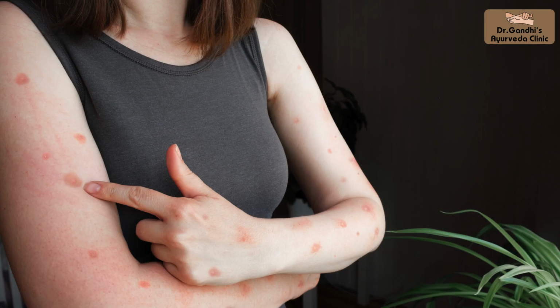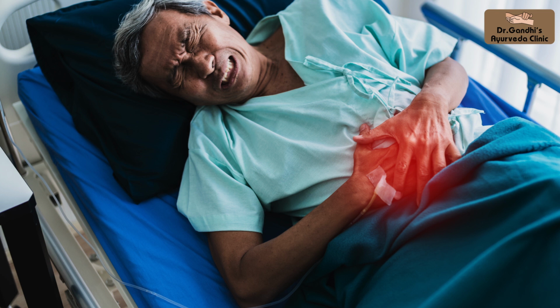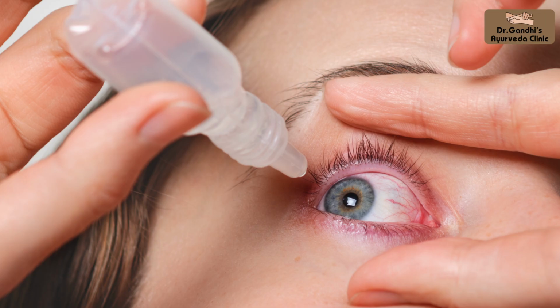It can lead to those red rashes that you see. It can lead to a lot of liver-based problems, spleen-based problems, eye problems, and it can lead to multiple major diseases.